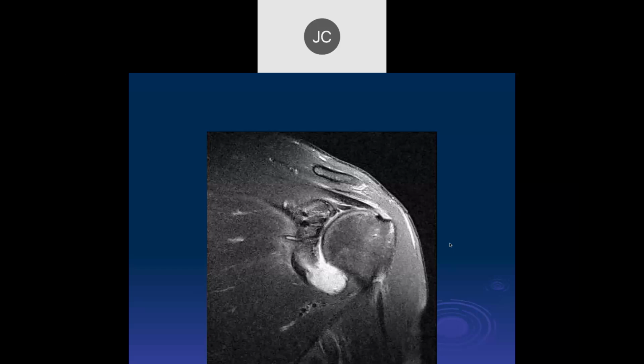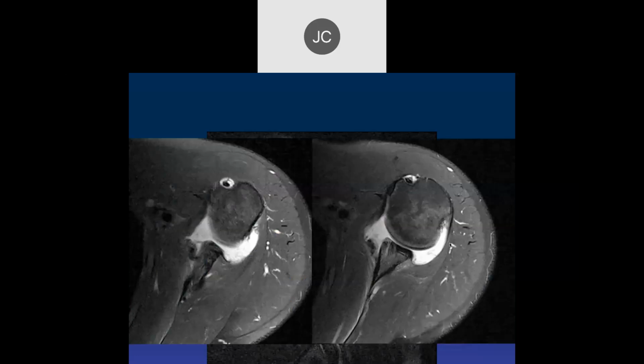Okay, so coronal PD fat set. We see what looks like suture anchors in the glenoid. Okay, there's this structure inferiorly. Could it be labrum that's displaced?